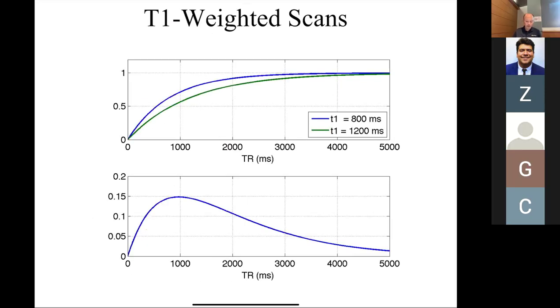So what this means is that if I look at the T1 contrast, this has a T1 of 800 milliseconds. This is a T1 of 1200 milliseconds. And you can see the green curve recovers a little more slowly than the blue curve, right? Because it has a lot longer T1. Now, if I take the difference of those two images, this is the difference, right?